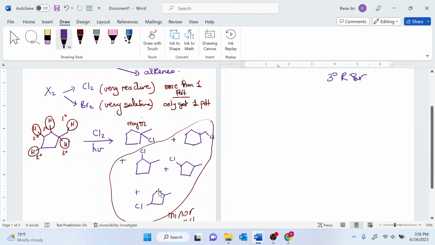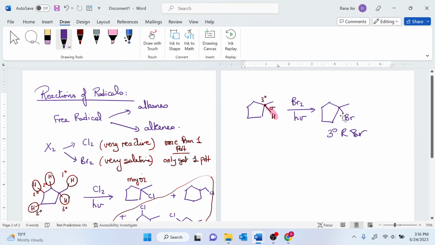All the products do happen at the same time. However, the major one is the one that gets broken by the weakest sigma bond, which is the tertiary hydrogen replacement. On the other hand, with the bromine, you just get one product, which is the replacement of the tertiary hydrogen with the bromine.